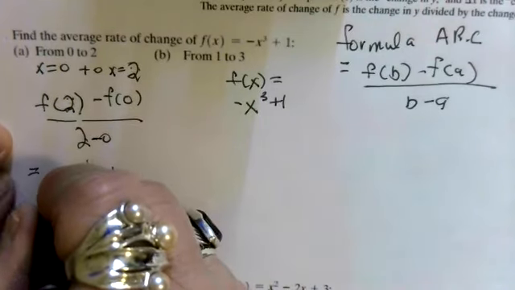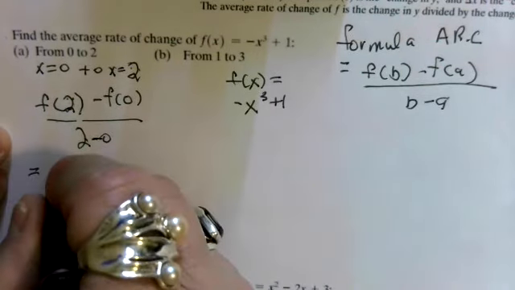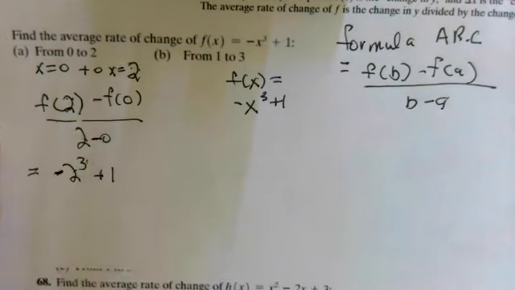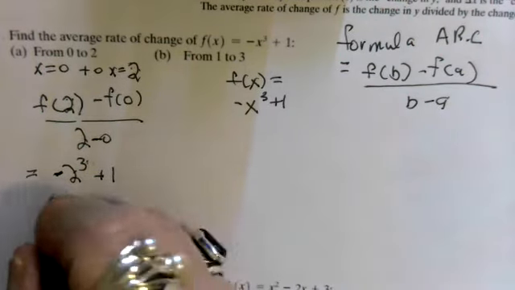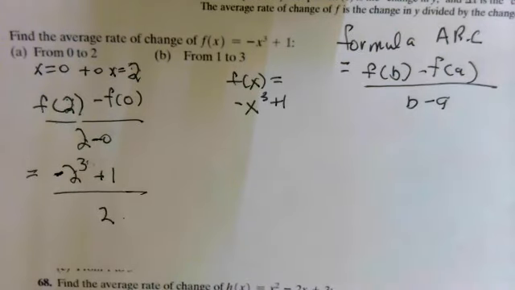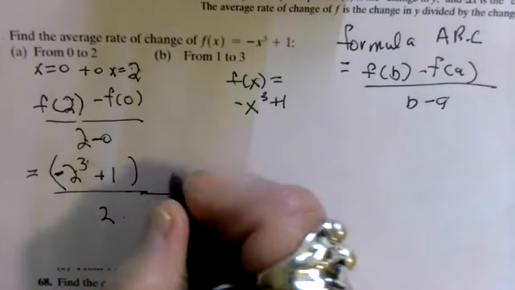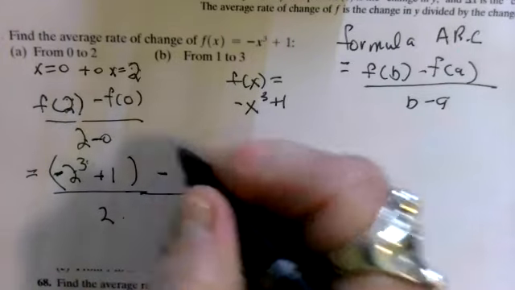And so this is going to be minus 2 cubed plus 1, and that will be over 2 minus 0, which is 2. That's just the f of 2. I've also got to subtract f of 0.